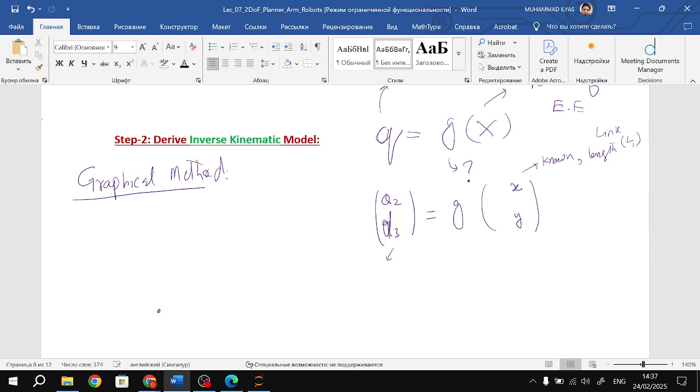Okay, let me draw the kinematic diagram first. Not the kinematic diagram. This time we have only the x0 axis and y0 axis, and we have our L1 link length. Then we have our end-effector, this is our robot.